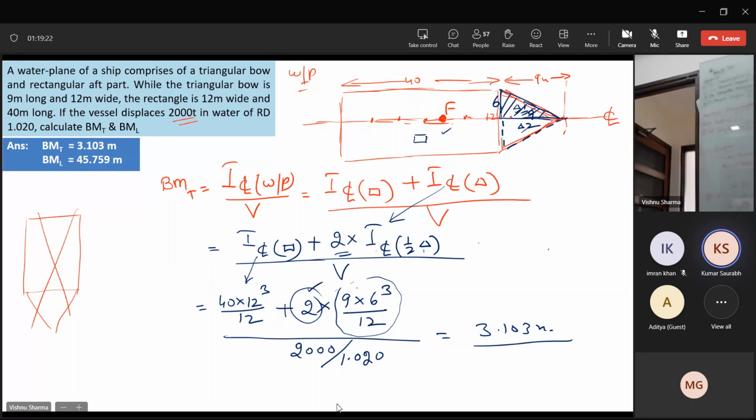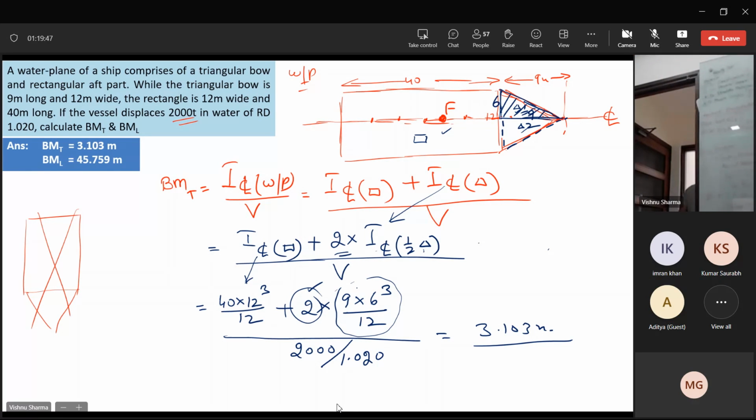LB cube by 12, sir. Triangle BL cube by 12. BD cube by 12 for the full triangle. Is the center line the base of the full, complete triangle?